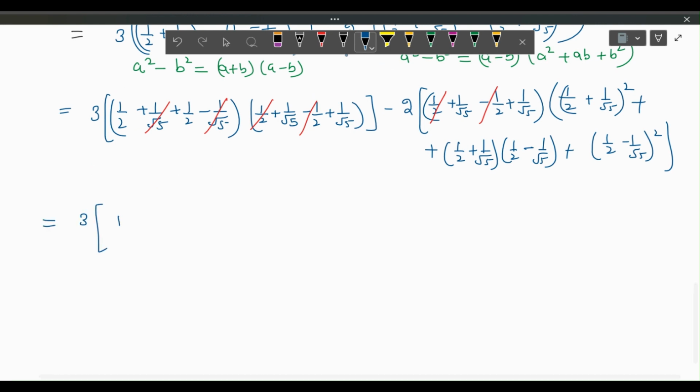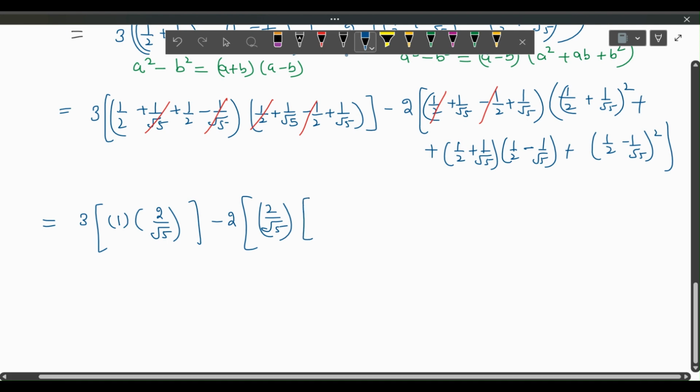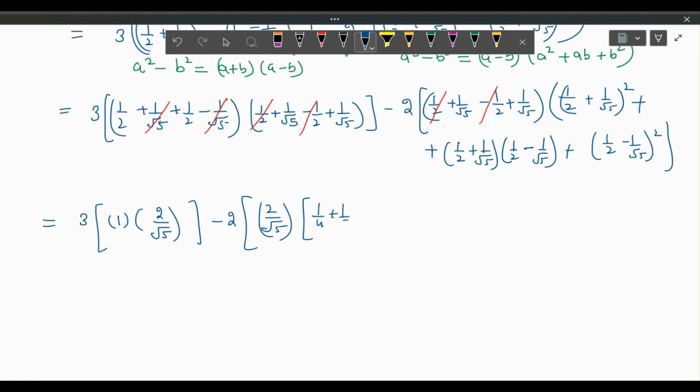Half plus half is 1, so it will be 2 times 1/√5, and minus 2, so it will be 2 over √5. In the bracket, the square of this using the formula (a plus b) whole square: 1/4, 1/5, plus 2 times 1/2 into 1/√5. This is a square, b square, plus 2ab.